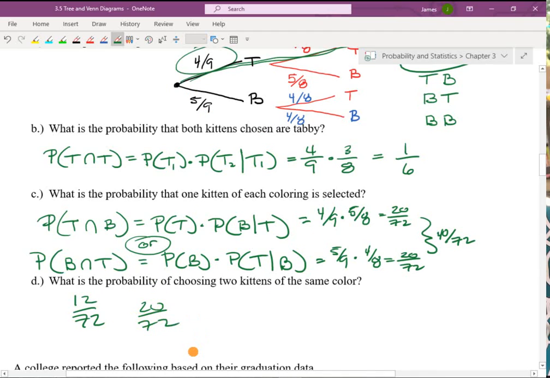What am I going to do with those values to say that the probability of choosing two kittens of the same color? When I say two kittens of the same color, am I saying that I could have two that are black or two that are tabby? Okay, so when I say or, what am I going to do with those? Add them together. So 32 out of 72. Is that okay?